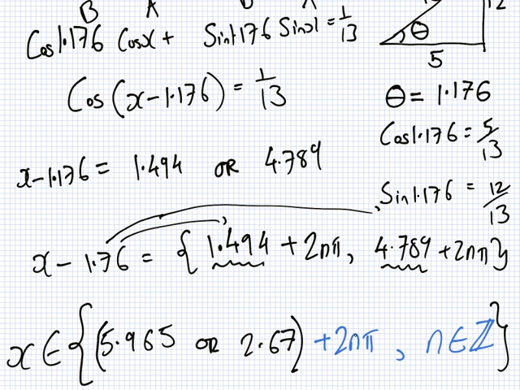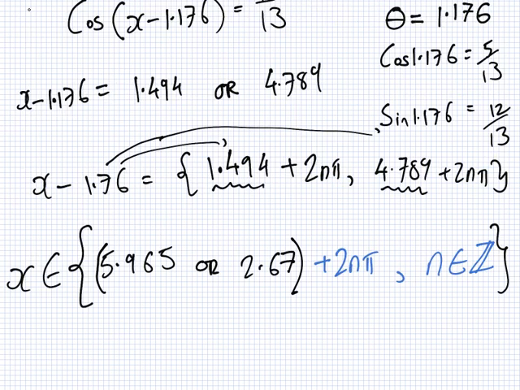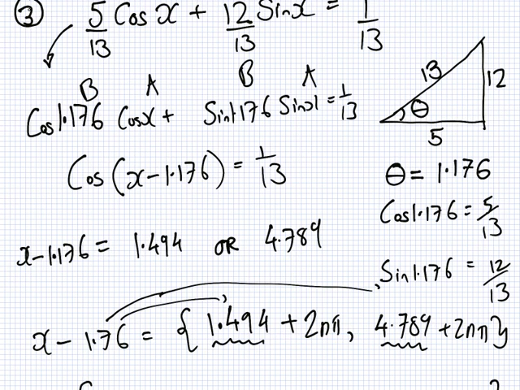Can I scroll down? Okay, 5. Teacher, in the previous question, how do you get 4.789? Plus 2 pi minus the first answer. This is how you get the second answer for cos. We did this in semester 1.